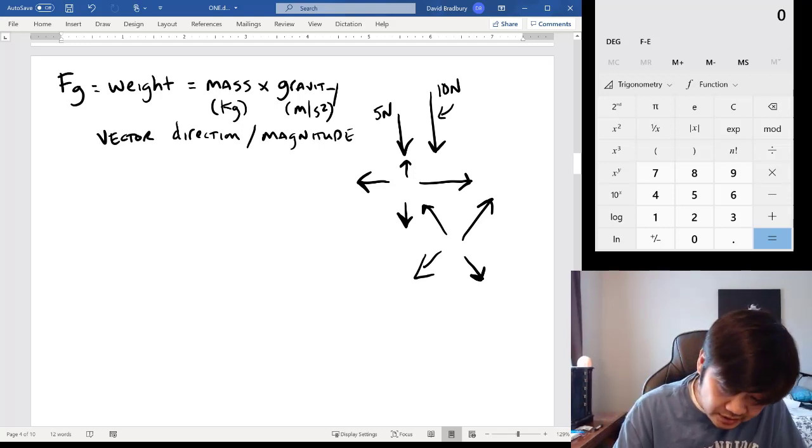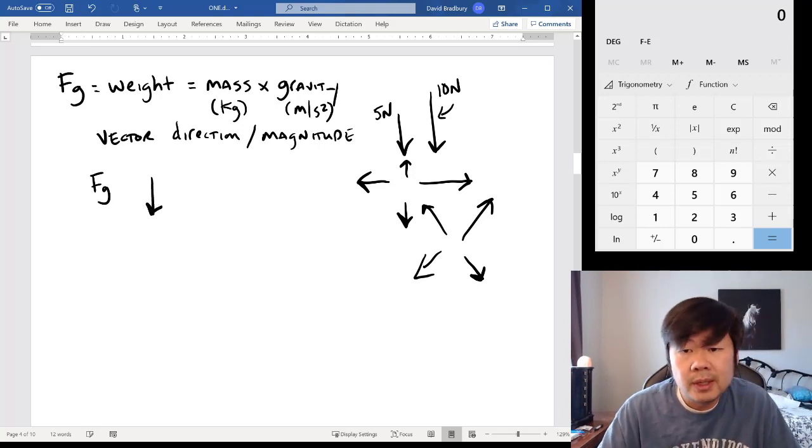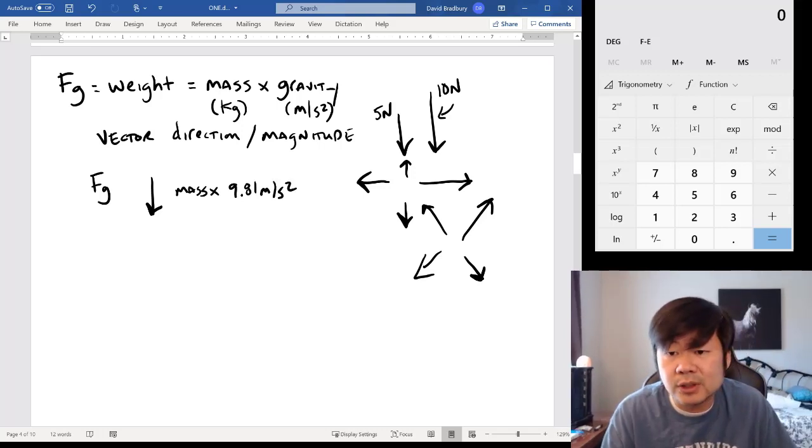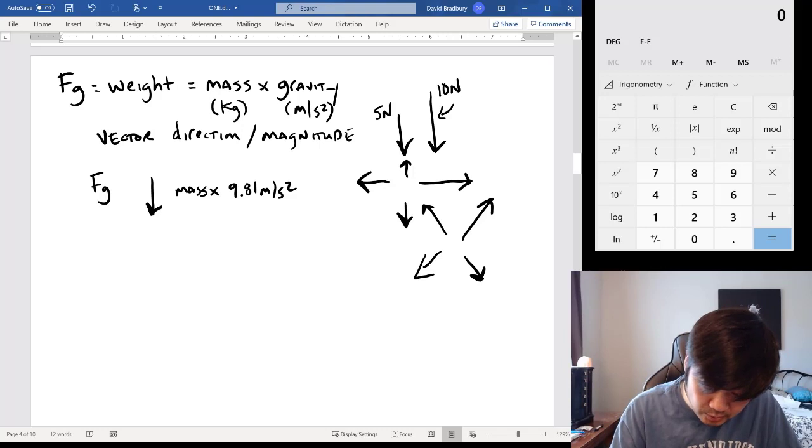But force gravity is nice because force gravity always goes straight down. And if we're talking about the Earth, then it would be the mass times 9.81 meters per second squared, because that is the acceleration due to gravity on the Earth. Now, remember that this has to be in kilograms.